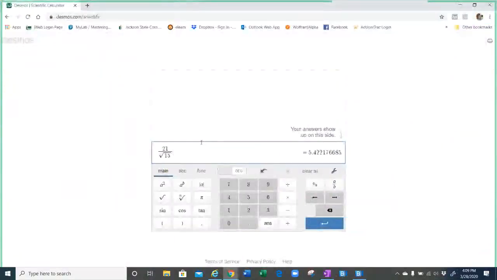By the way, I'm using the Desmos scientific calculator. This is what I recommend for an online calculator. Of course, you can use your handheld, but this is a pretty good one. So 2.8868.